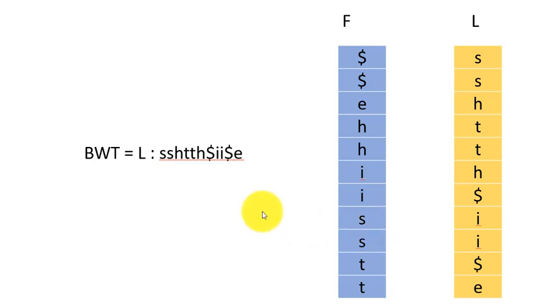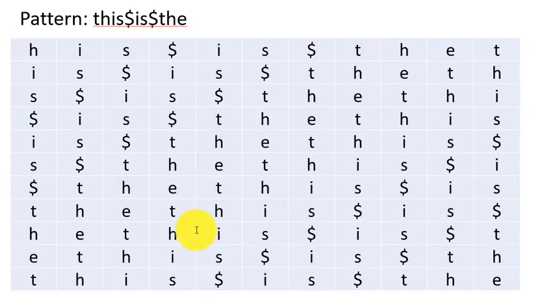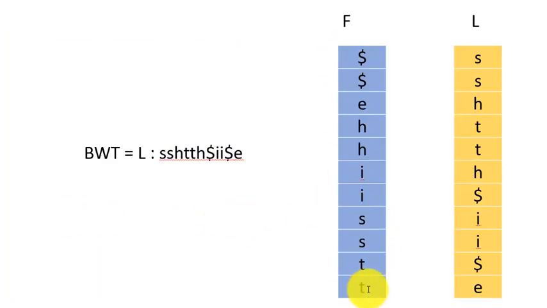After we get this column, remember that I started the rotation from the second letter. So this T here will be the first letter of my original sequence, because that's the rule that I made.